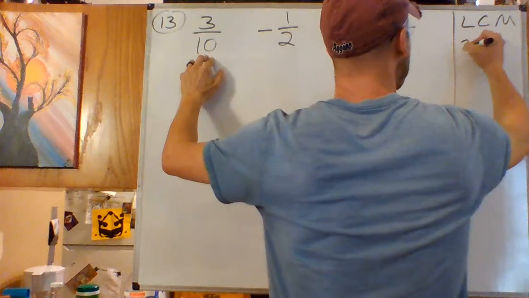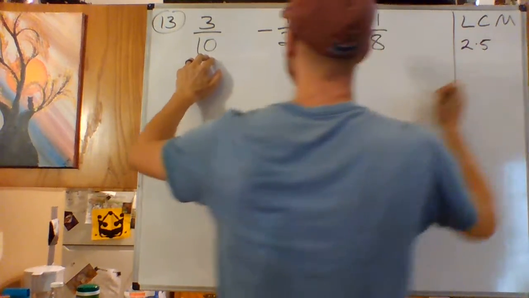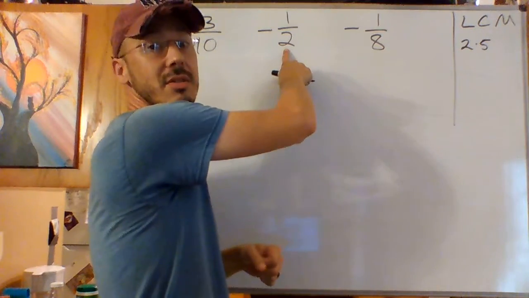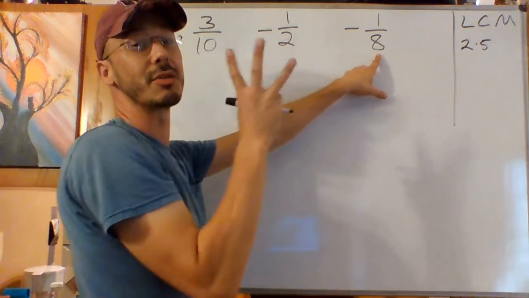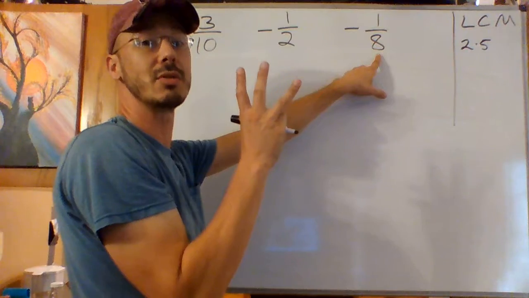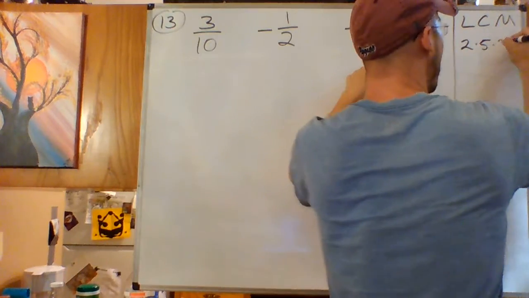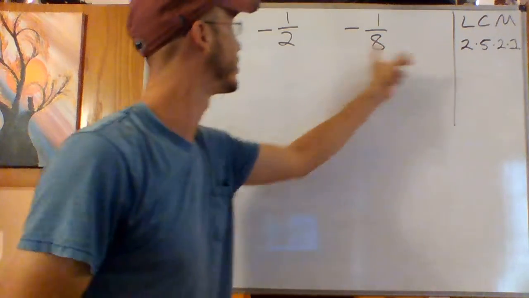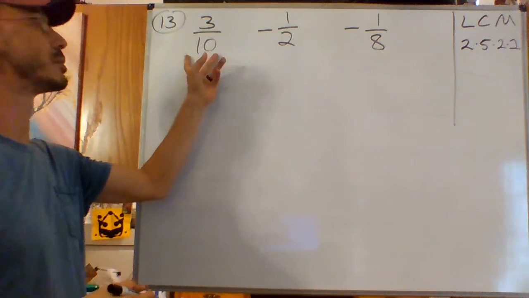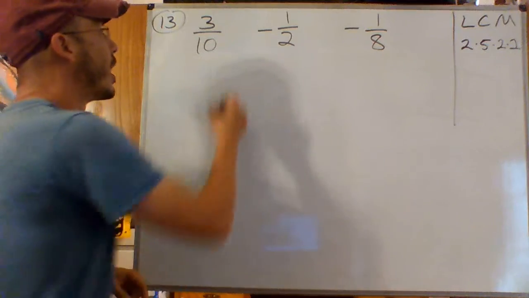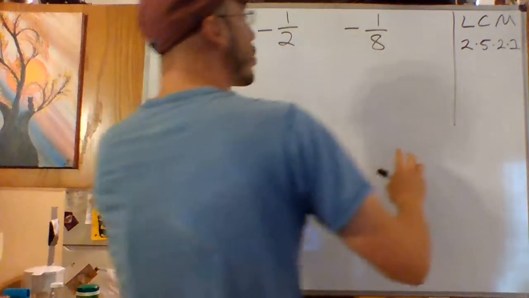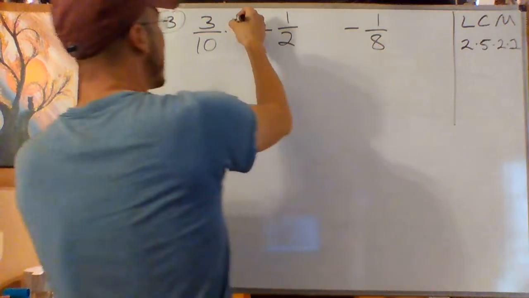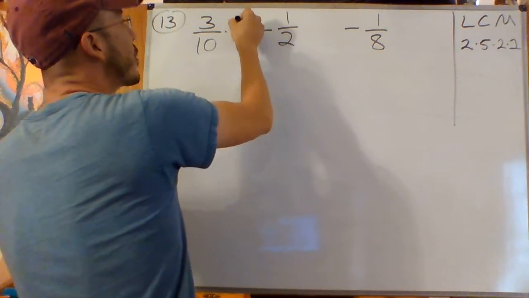So I'm going to need a 2 and a 5. I've already got a 2. I don't need another 2 on account of this. But here, I need 3 factors of 2. 8 is 2 times 2 times 2. So I need a couple more 2's. And I need a 5 for that one. So what I'm going to need to multiply by are the ones that are missing. The 2 and the 5 are there, so I need a 4 over 4.